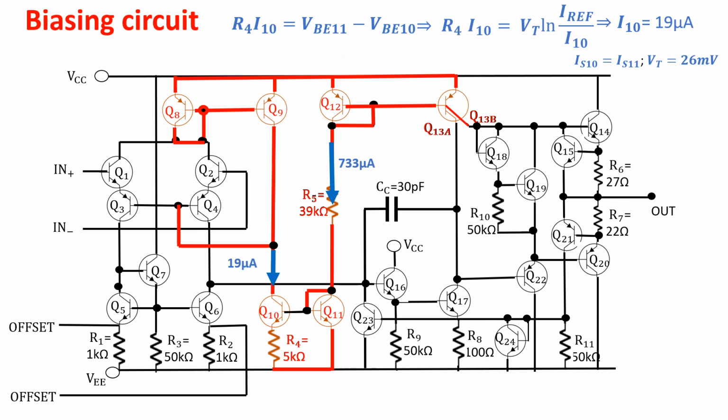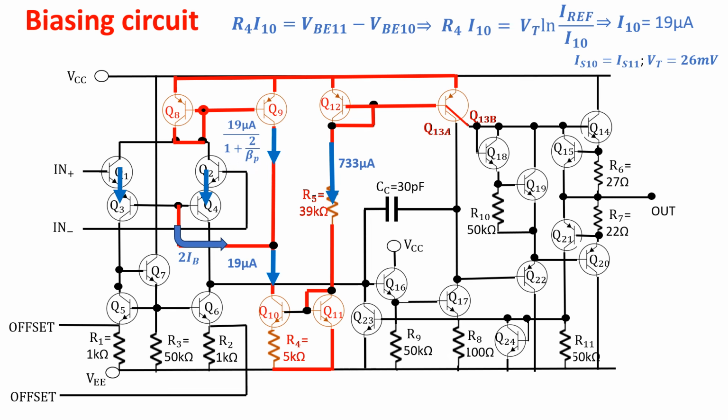At the beginning, when the power is just switched on, the whole 19 microamps current comes from the bases of Q3 and Q4, switching them on just like Q1 and Q2, and then Q5 and Q6 and all the first stage including Q8, which provides the current to the 2 branches of the differential pair and which creates a current mirror with Q9. So the current in Q8 is copied in Q9 except for the mirror error 2 over beta.